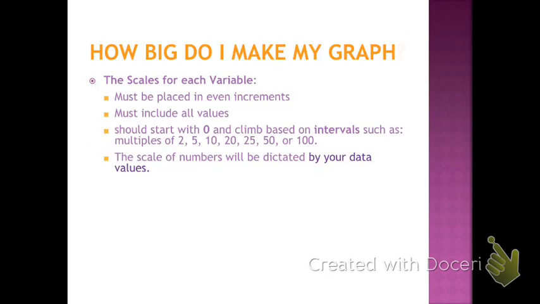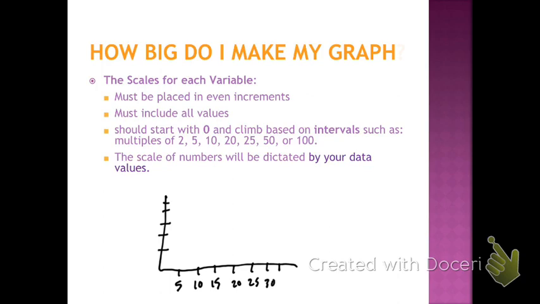And then how big do I make my graph? If we look at a graph, each line should be equal in distance. What I mean by that is each interval should be the same. Like if I think, let's go by fives, this should be 5, 10, 15, 20, 25, 30, and so on.